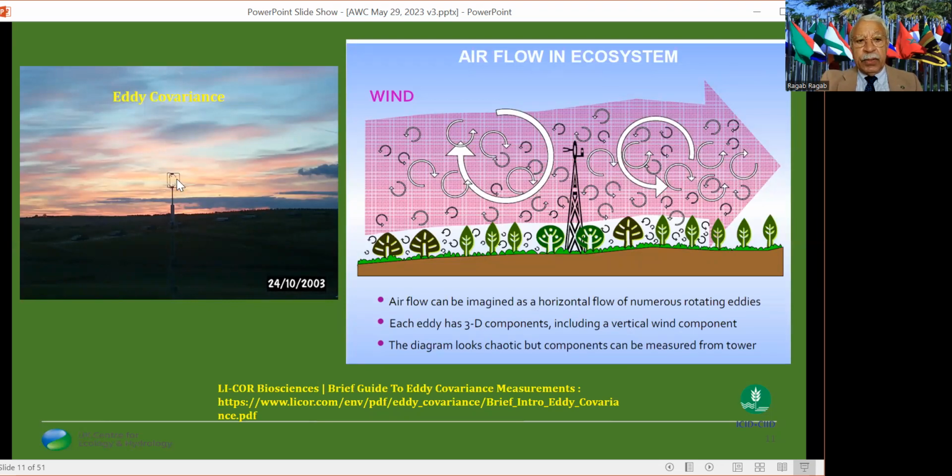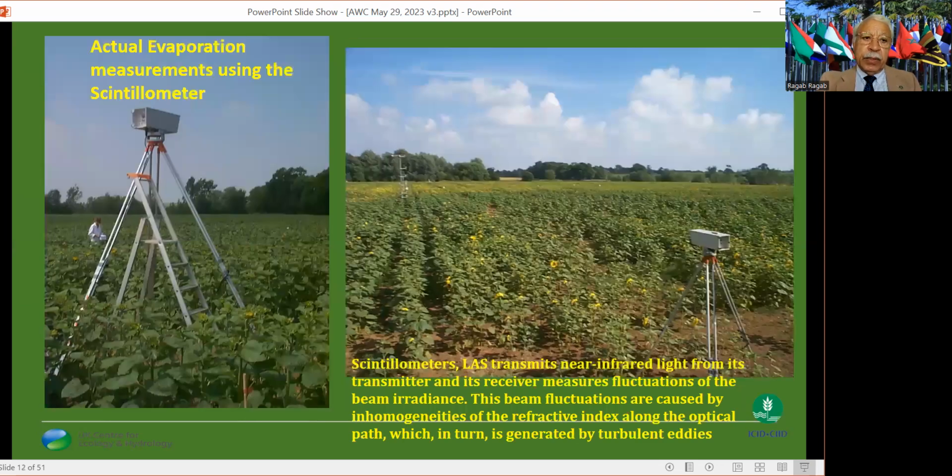And here you have those sensors, and it calculates the horizontal flux of air, and that direct flux of the air between those sensors represents the actual evapotranspiration over the crops. The other instrument we used was the scintillometer. A scintillometer has two parts, a transmitter and receiver.